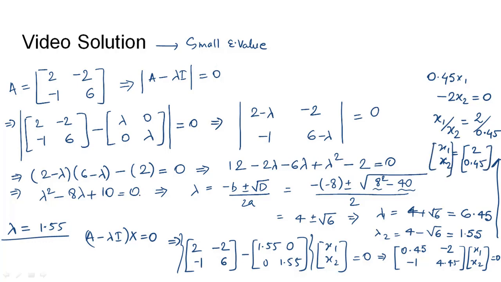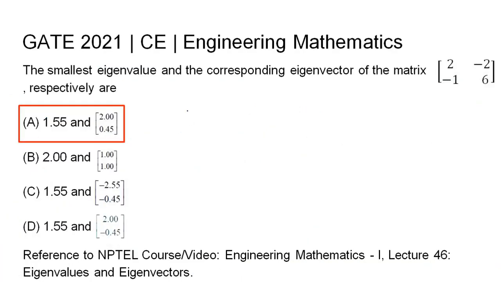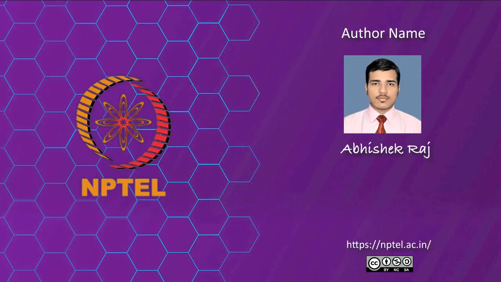So the smaller eigenvalue was 1.55 and the corresponding eigenvector is [2, 0.45]. So the smallest eigenvalue and the corresponding eigenvector were found, which were 1.55 and [2, 0.45]. The relevant NPTEL reference has been listed.